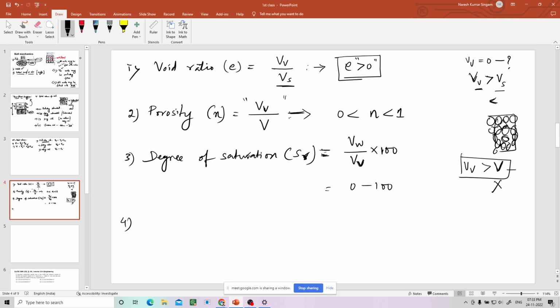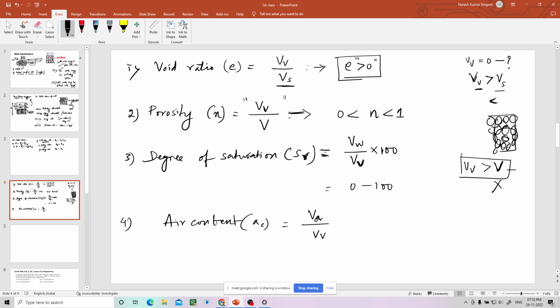And the fourth one is air content, which is denoted by Ac, with c as a suffix. The definition is the volume of air to the volume of voids.